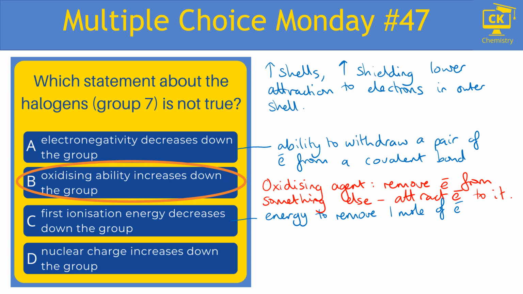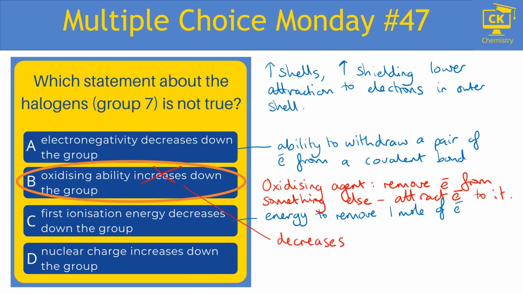So what we can see is actually the electronegativity and the first ionization energy and the ability to act as an oxidizing agent are all part of the same idea of how strongly something attracts electrons. So if electronegativity is decreasing, first ionization energy is decreasing, oxidizing ability also decreases as you go down the group for group 7.